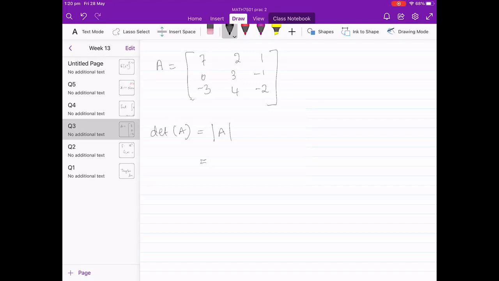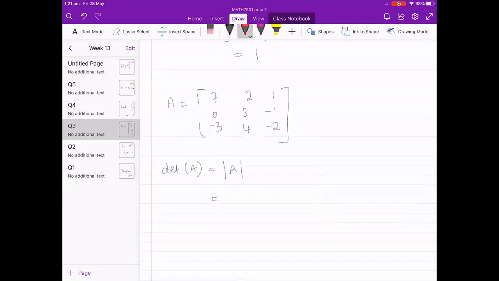What's this method called? You would be using cofactors.